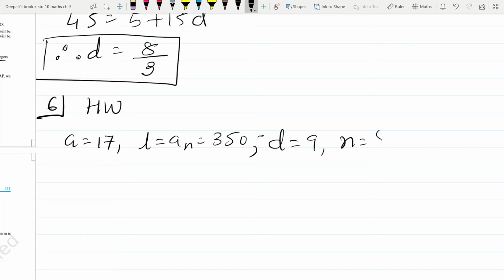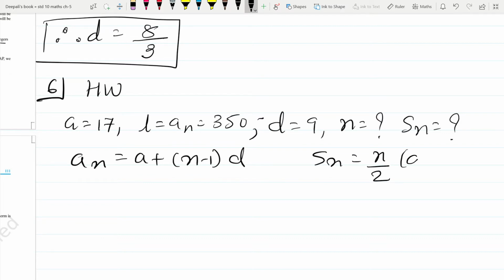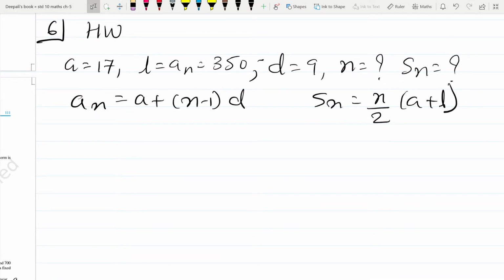N is equal to how much? Sn is equal to how much? We can just replace the values in the formula An is equal to A plus n minus 1 into d and the formula Sn is equal to n upon 2 into A plus L, and you can solve the equation.